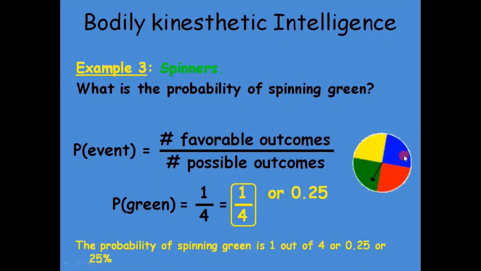Total possible outcomes are in the denominator, and the number of favorable items, that is only green, is 1. So this is 1 over 4. We can also say this is 0.25 or 25%. So by this we also explain probability in ratio form, in decimal number, or in percentage.